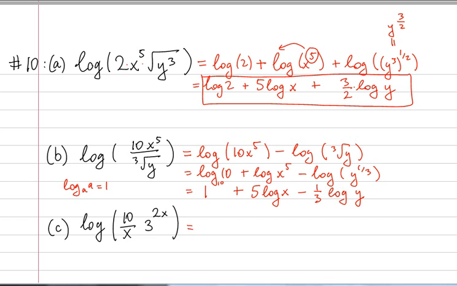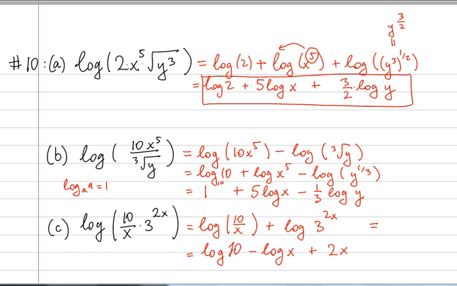Next question, we have again a product and a quotient, so I can write it as log 10 over x plus log of 3 raised to 2x. This is difference of two logs, so log of 10 minus log of x. And this one, I can bring the exponent outside the log, so the exponent is 2x.